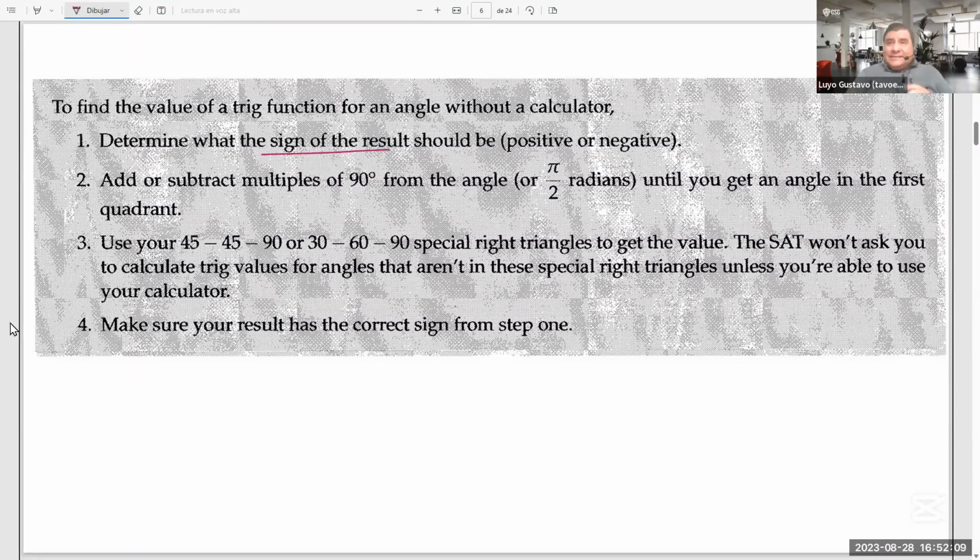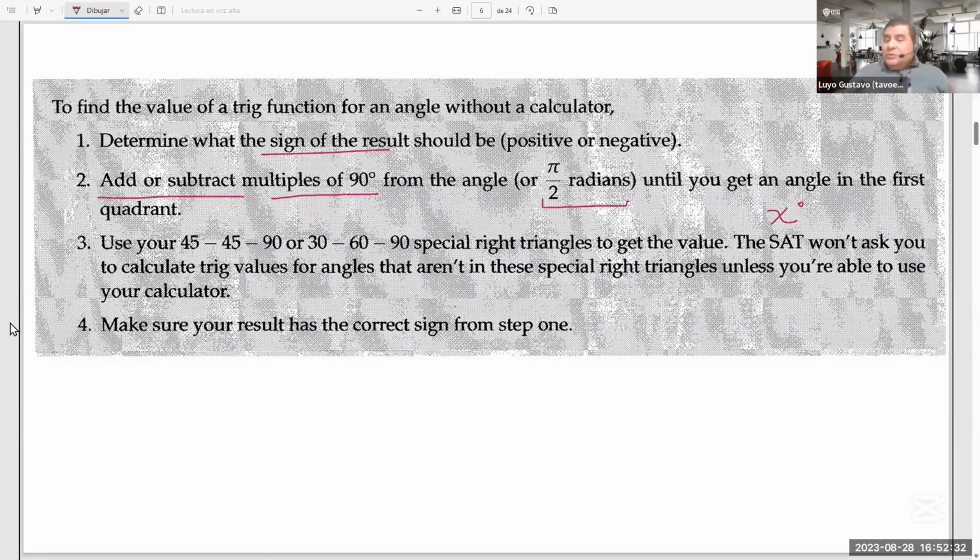Now, what next? You need to add or subtract multiples of 90 degrees from the angle they give you, or perhaps if they give it in radians, you can subtract as many multiples of pi over 2 as possible until you reduce the angle. Let's say this angle is x degrees.